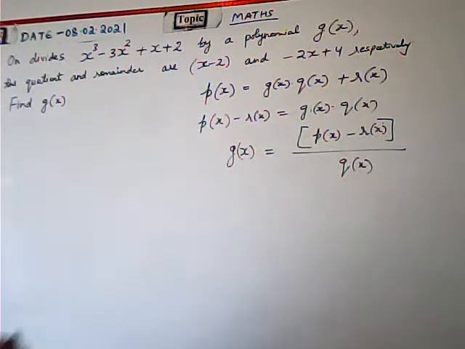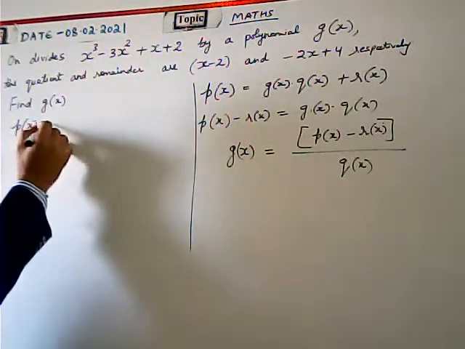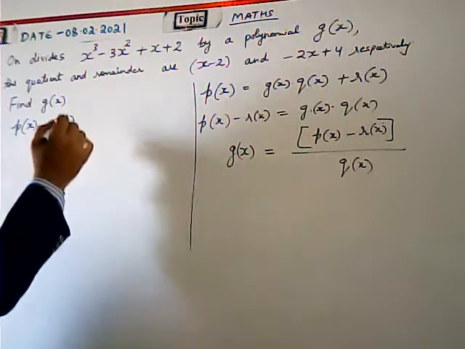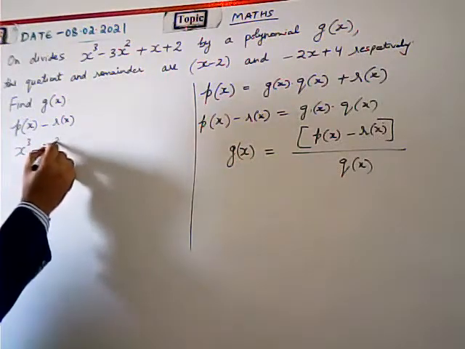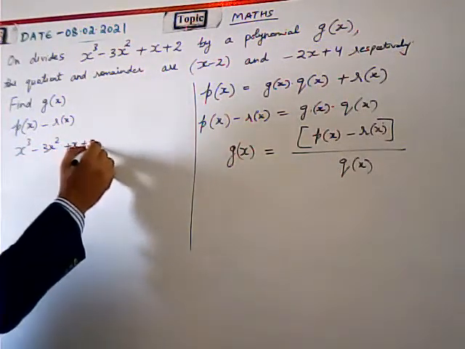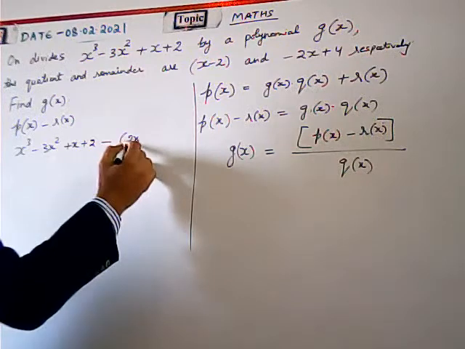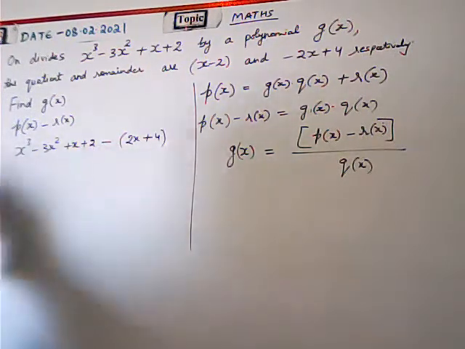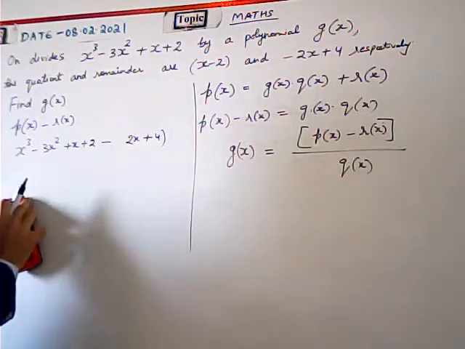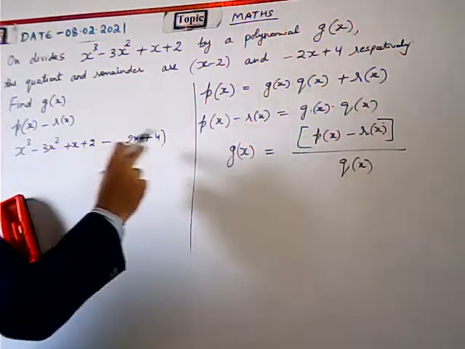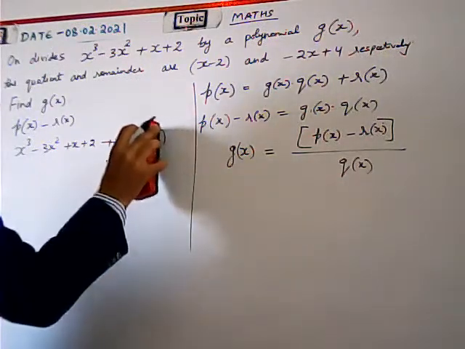So when we subtract the remainder, the negative will become positive, and 4 will become negative.